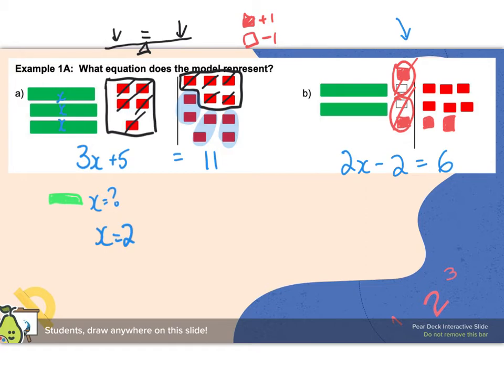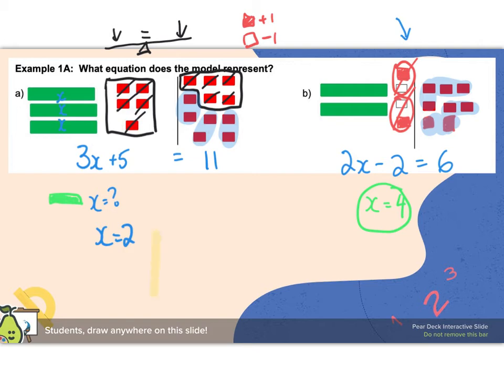This means I have 2 green tiles now equaling 8 red tiles. So I'm going to have to split this into 2 groups to find out how much a single green tile is worth. If I do that, I can fit 4 tiles and 4 tiles. That gives me 2 groups of 4. So visually I can see 1x is equal to 4.